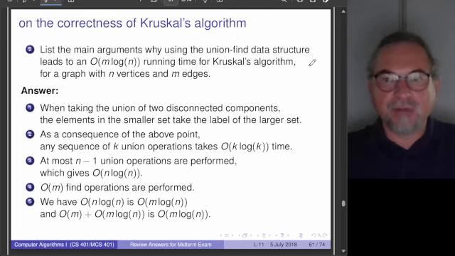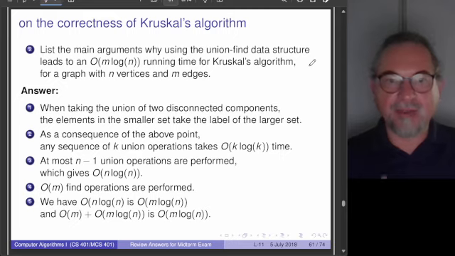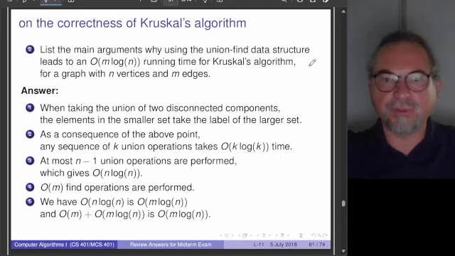But when taking the union of two disconnected components, you adjust the labels only of the smaller set. As a consequence of that, when we take K union operations, the set can be at most double the size.